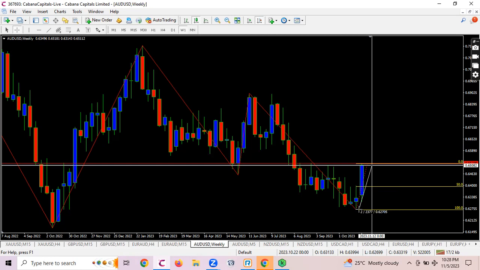So if you are risking 237 pips, what will be your TP? If you are trading with risk reward 1 to 2, and you are risking 237 pips, your TP will be around 470 pips. How long will it take for the market to give you 400 and something pips? It will take weeks. Are you a swing trader or a day trader?